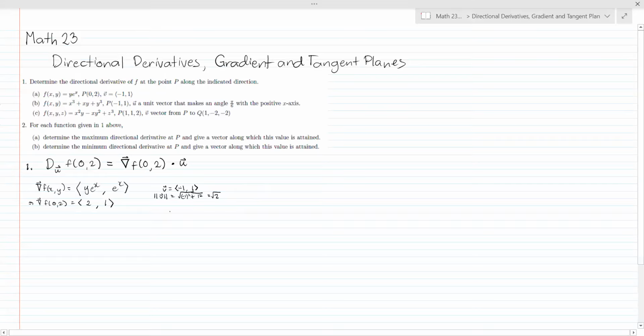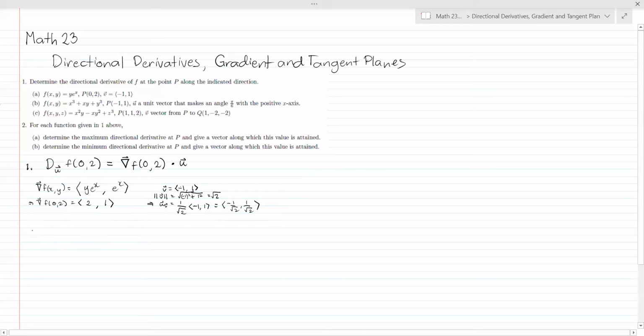We normalize by multiplying with 1 over the norm, the original vector v. So we get the unit vector negative 1 over square root of 2, 1 over square root of 2. Okay? So now we just apply the formula.